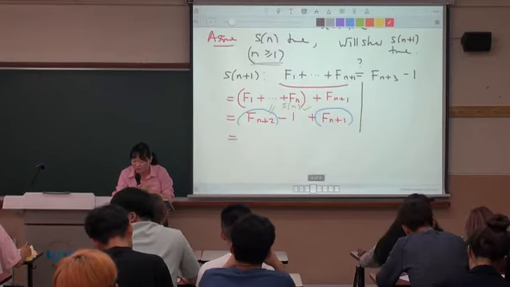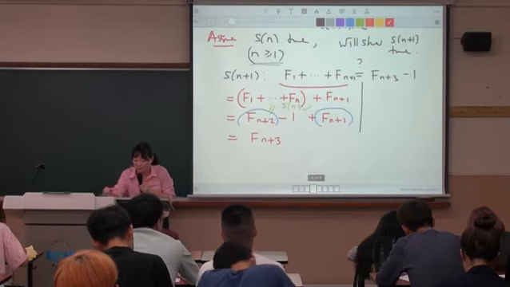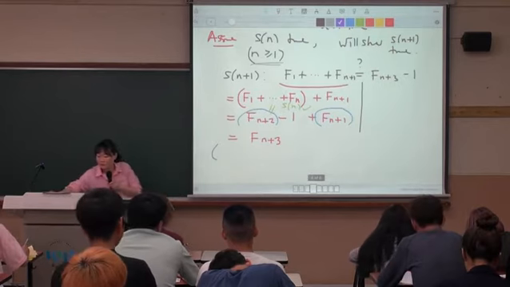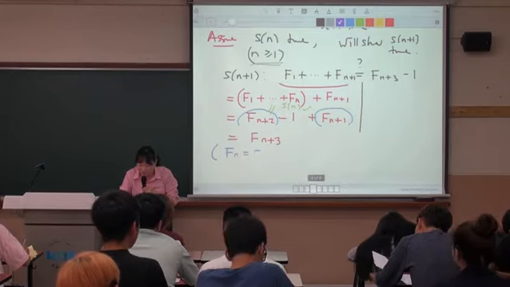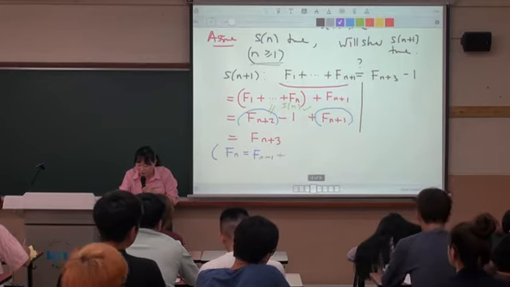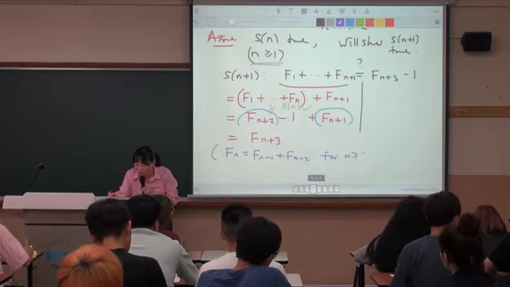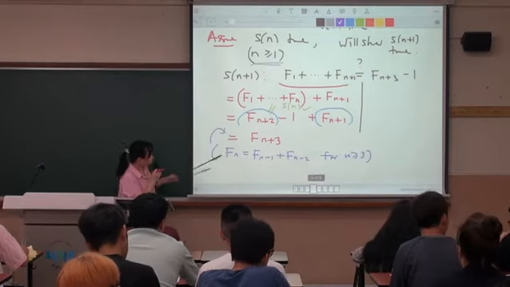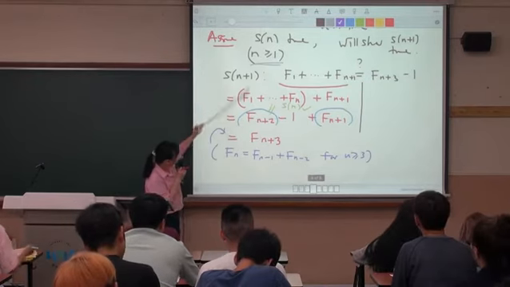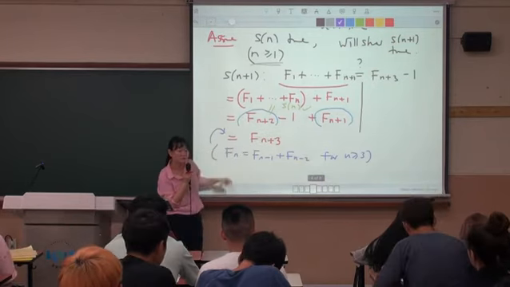So this is equal to f what? n plus 3. Because this formula is true. Because this formula fn equals fn minus 1 plus fn minus 2 is true for n bigger than or equal to 3. And when n is bigger than or equal to 1, this becomes 4, right? So we can safely apply the formula.